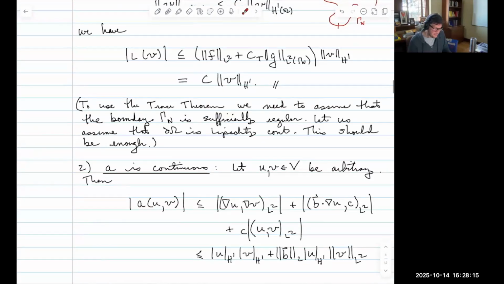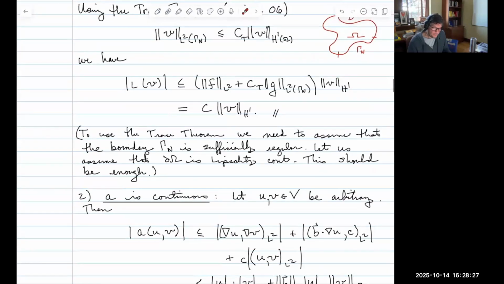And I made a note here to the following effect: if we want to use the trace theorem or the trace inequality, then we need to know that the part of the boundary which has the Neumann boundary conditions on it, the Neumann part, is sufficiently nice.